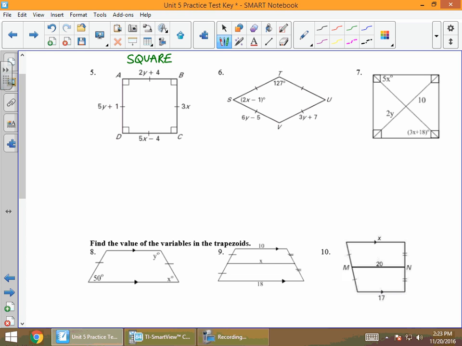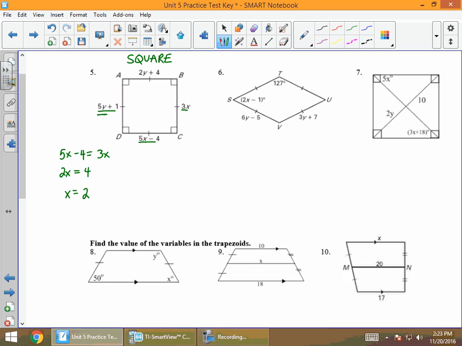So I'm going to take the two of them that have x's, and I'll set those two equal. So 5x minus 4 has to equal 3x. I'll subtract 3x and add 4 to both sides, then divide by 2, so x is equal to 2.